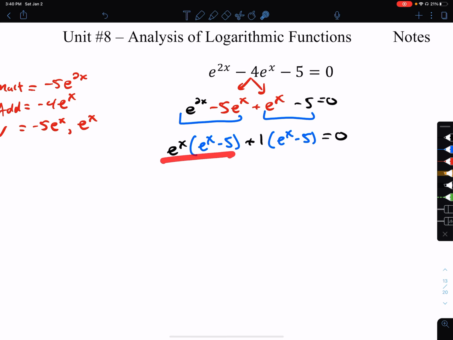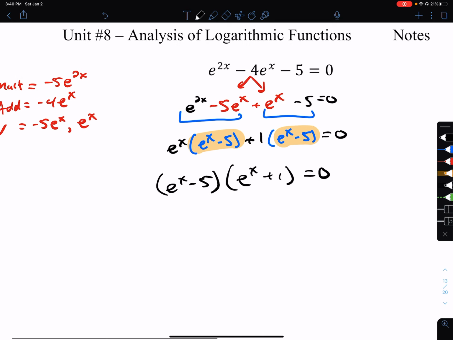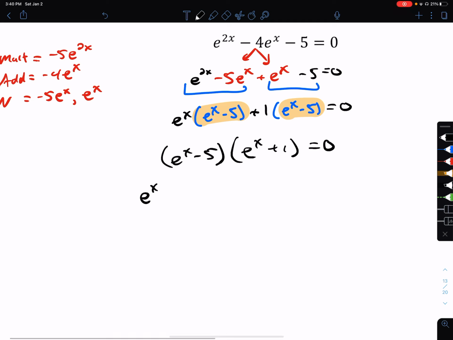The GCF of these 2 terms is this e to the x minus 5, leaving us with another factor of e to the x plus 1. If we set each of those factors equal to 0, we're not out of the woods yet. We got to solve each of these little fellas.